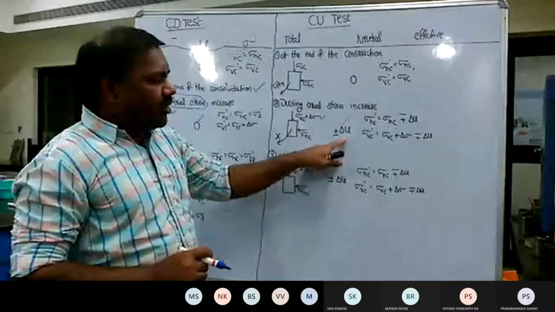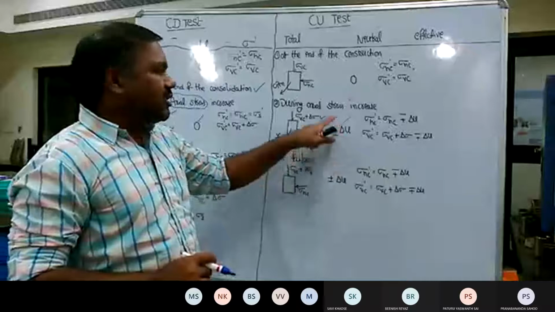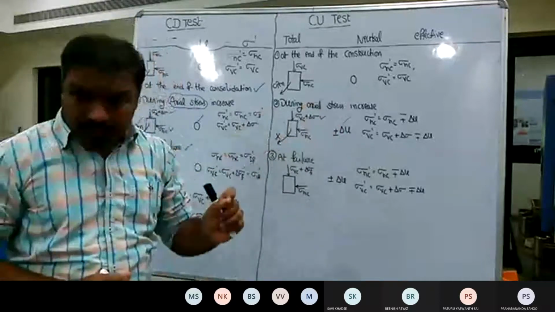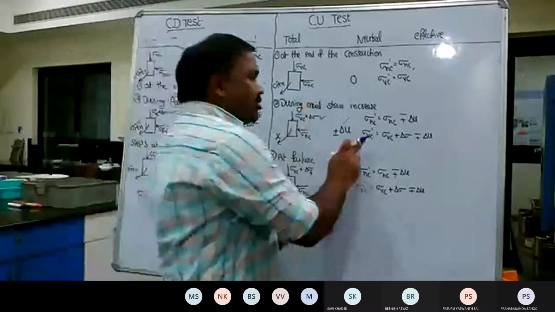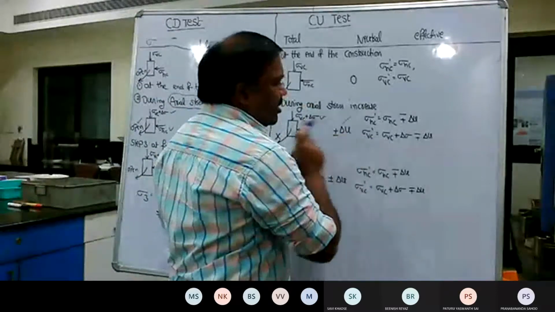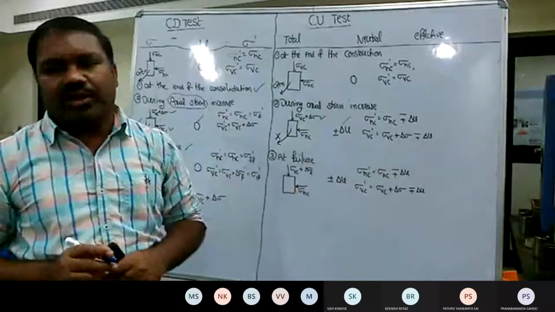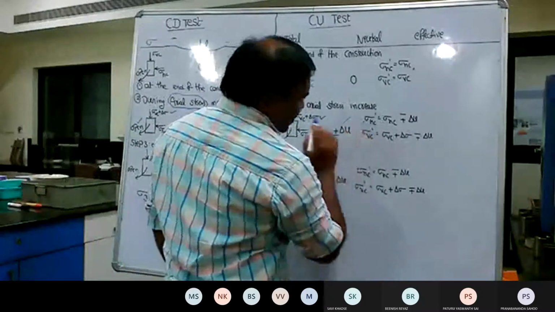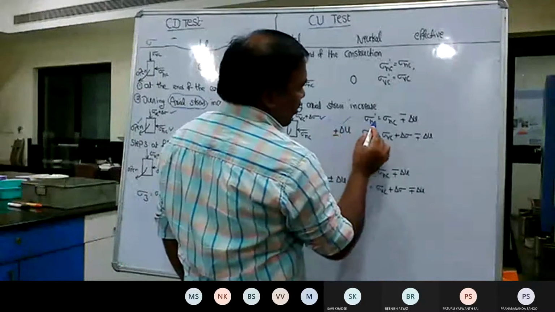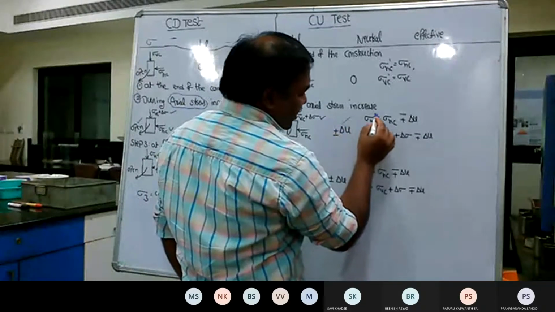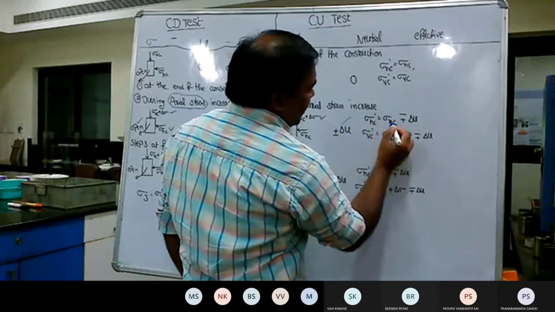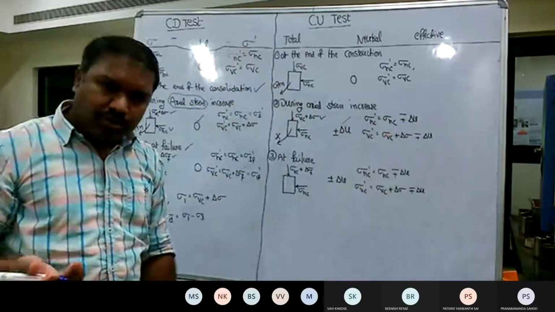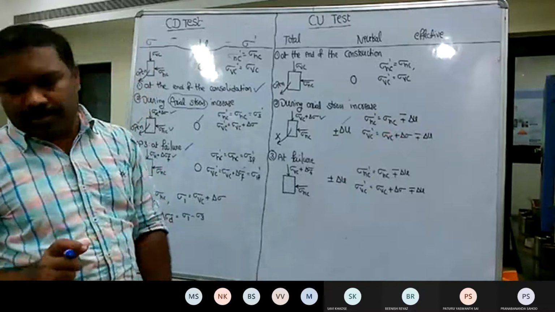Now, since there is a development of pore water pressure during the application of the axial stress as the valve is closed, if you are asked to write the stresses in the form of total or effective, the effective stress in the lateral direction will become sigma dash HC equal to sigma HC, that is total, plus or minus delta U, either positive or negative pore water pressure.